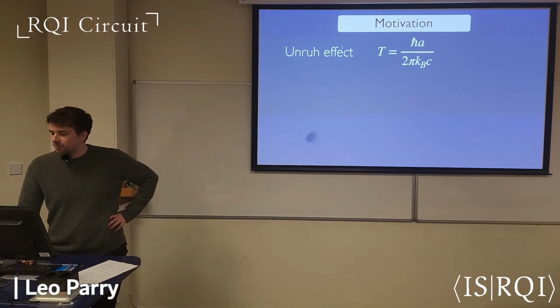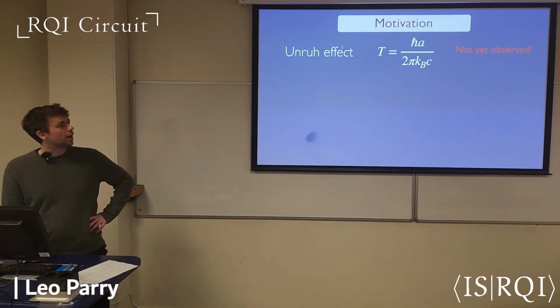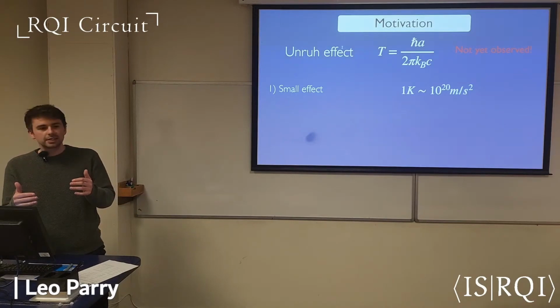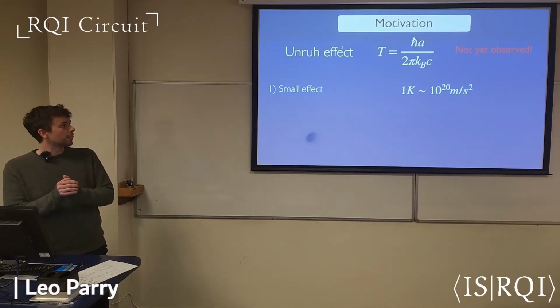However, it's never been observed, and partly for two fundamental reasons. The first one is that it's a very small effect. So, for example, as we often say, to get a temperature increase of 1 Kelvin requires your system to be accelerating at 10 to the 20 meters per second squared.